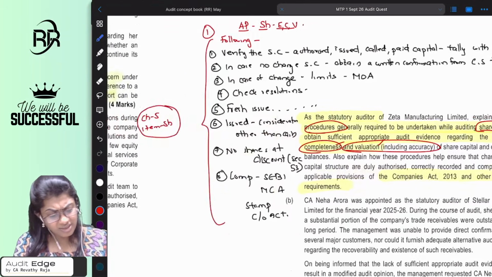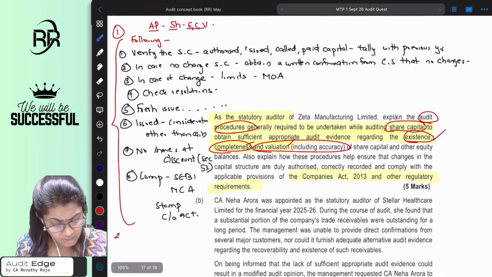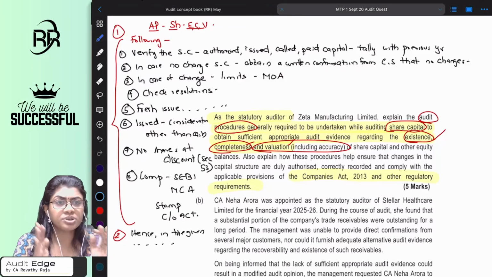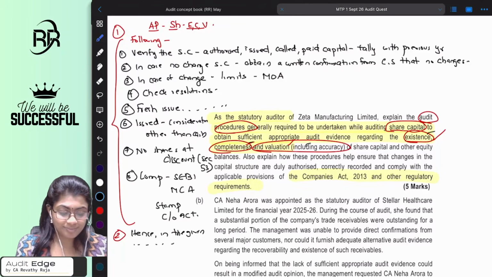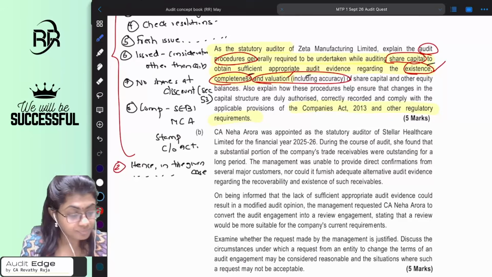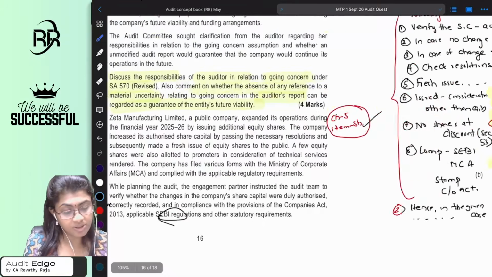Then since it's a case study, in the second part, you can just conclude: hence, in the given case, the auditor of Zeta Limited should perform the following procedure to ascertain existence, completeness, and valuation of share capital. Just one or two sentences, please write, since it's a case study. So that's from chapter 5.